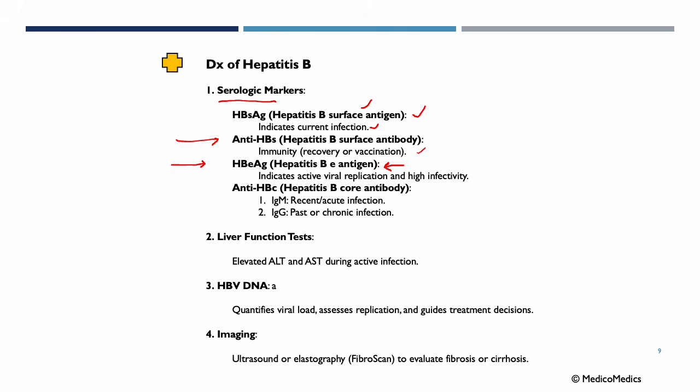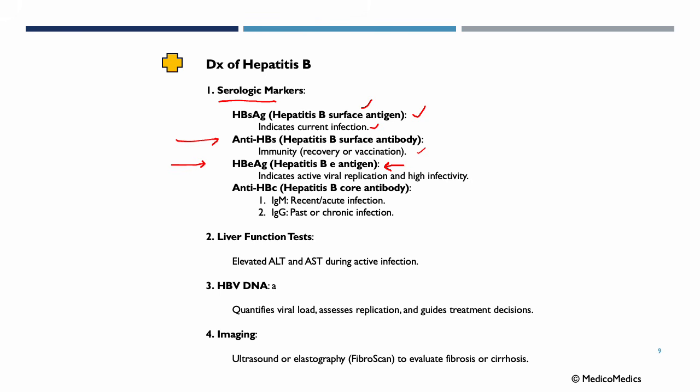So in an acute hepatitis B infection, the E antigen usually appears shortly after the surface antigen, and it disappears as the infection resolves.